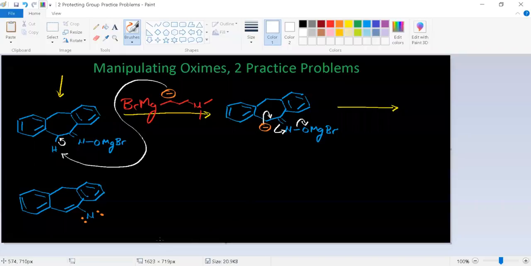Now with two lone pairs of electrons on nitrogen, we can give it its octet by letting these electrons come down to create a double bond. By doing that, we can push the double bond electrons through this carbon, attacking that nitrogen.